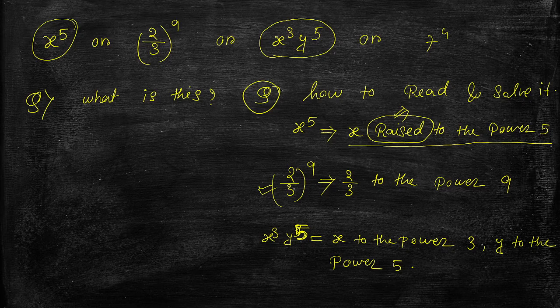Now what is this thing written here? All these things are called the exponential form of any number.